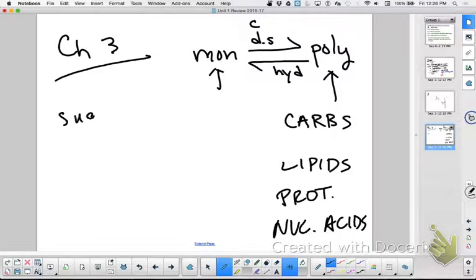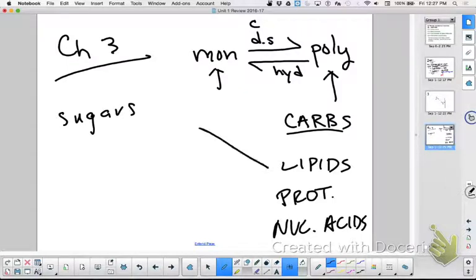Sugar. And I had you learn some different monomers, right? Okay? Glucose, fructose, galactose, right? And we talked about how carbs can be used for structure, but they can also be used for what? Energy storage. And we talked about how it would be different if you're in a plant or an animal.